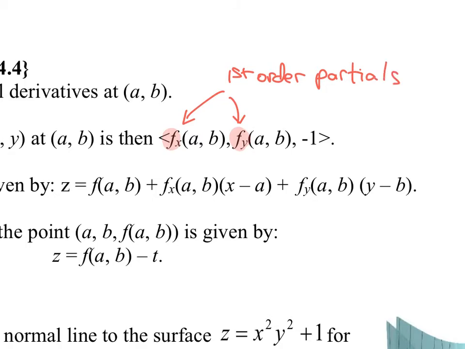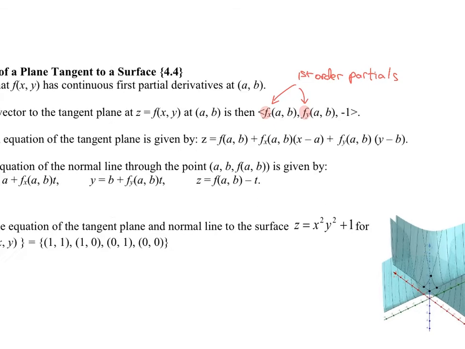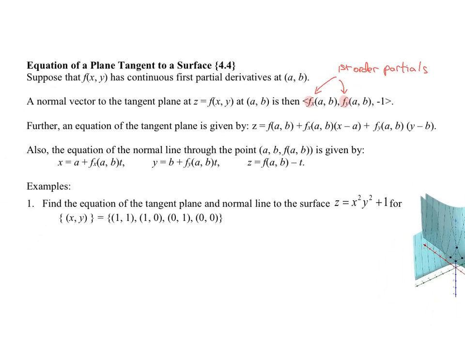Because up until this moment, f of x, f of y always just meant plug those values in and call it a day. This is the first order partial with respect to x, so I'm taking the derivative with respect to x and also with respect to y, and then putting in my (a, b) value. So that's a normal vector, those values, and then a -1.